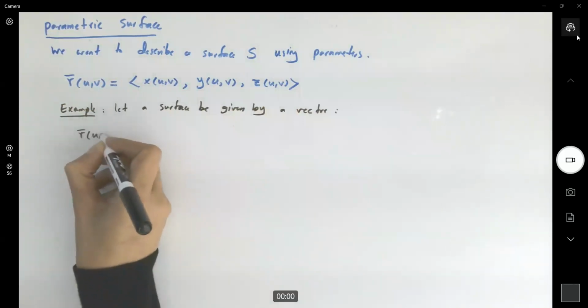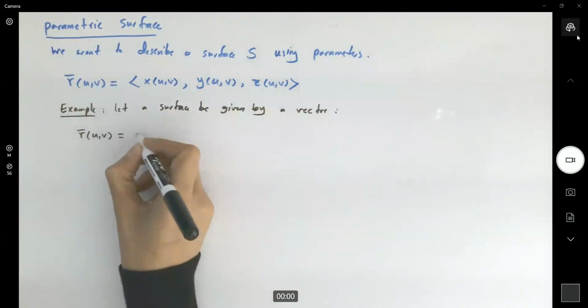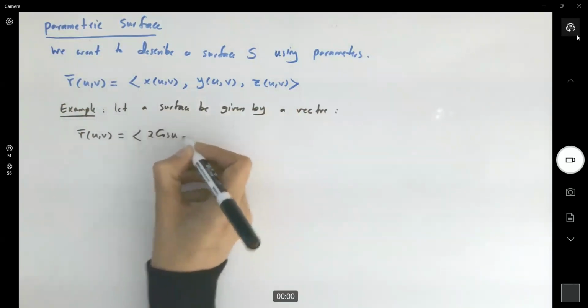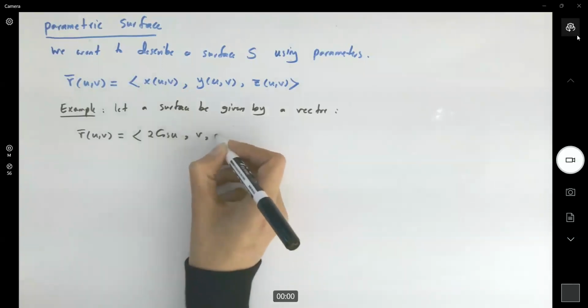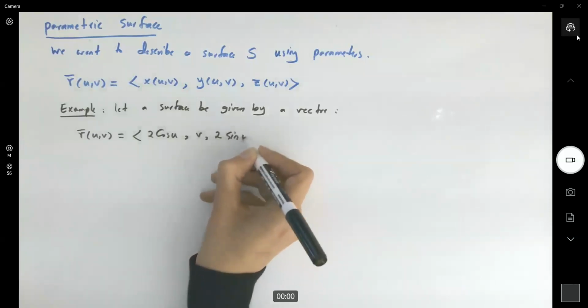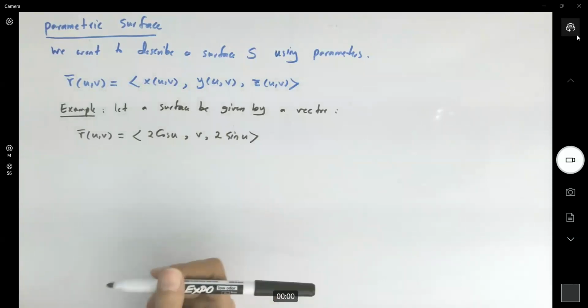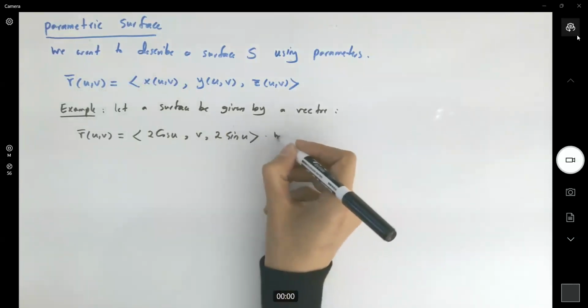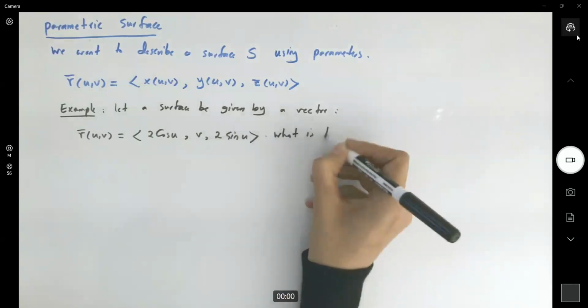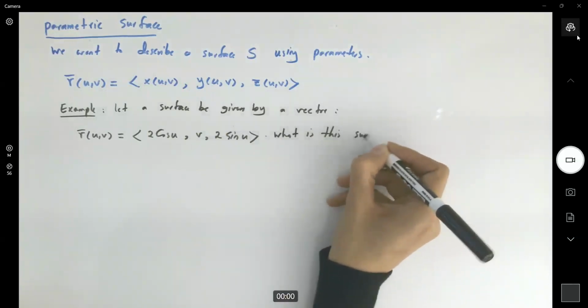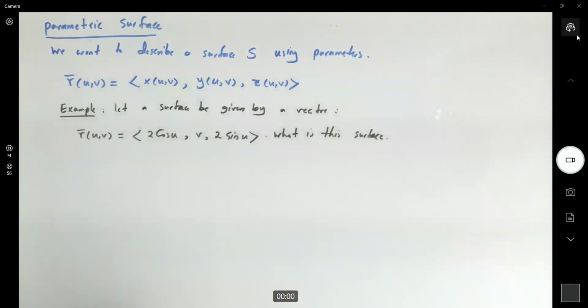R of U and V is given to you as 2 cosine U, V, and 2 sine U. And the question says, hey, identify this surface.